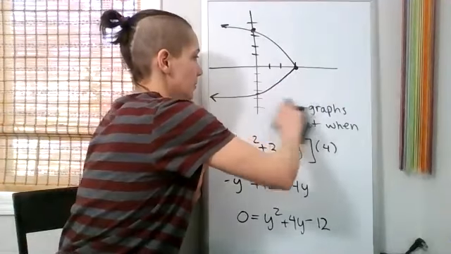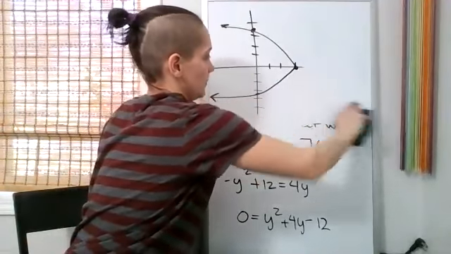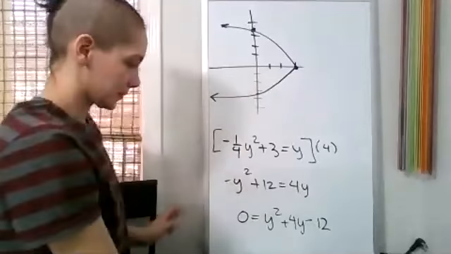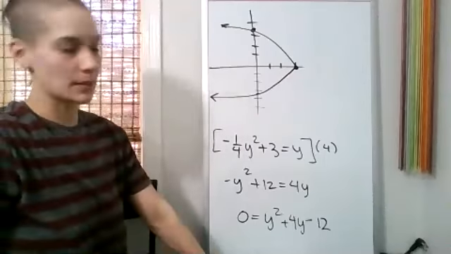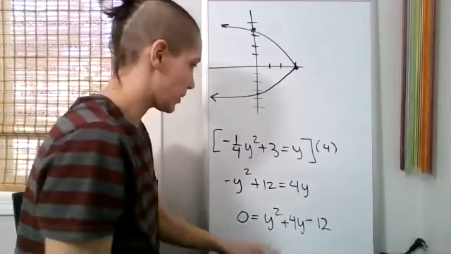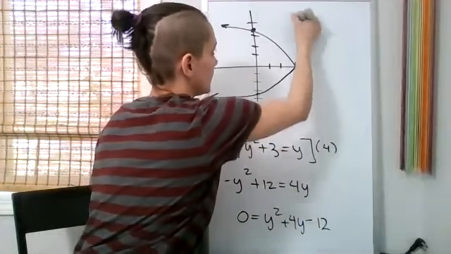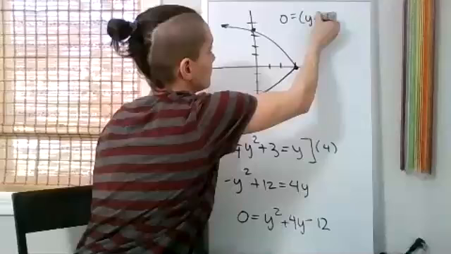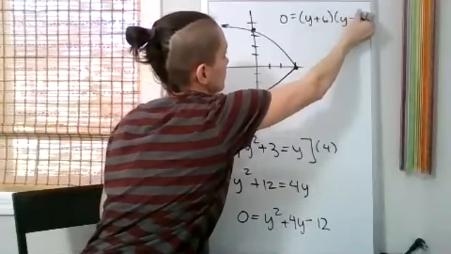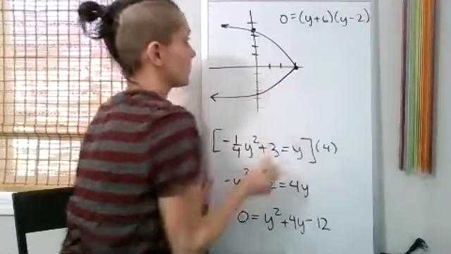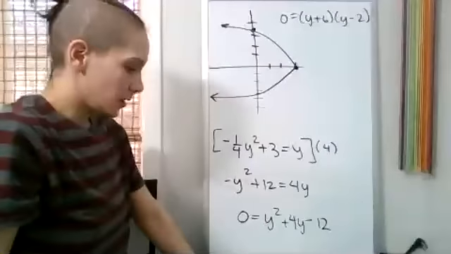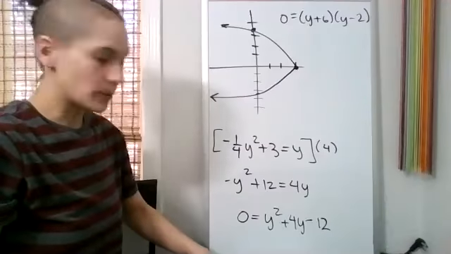Let's keep this picture. Okay, I got y plus 6 times y minus 2 is the factored form. Okay, so y equals negative 6 and y equals positive 2.